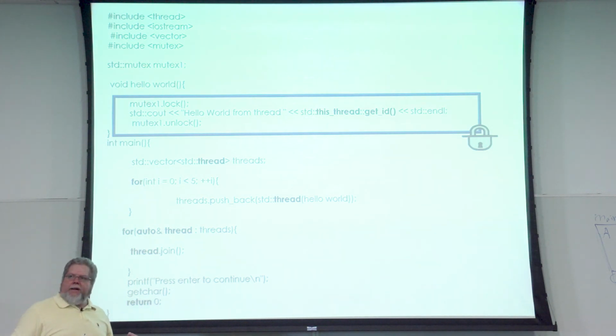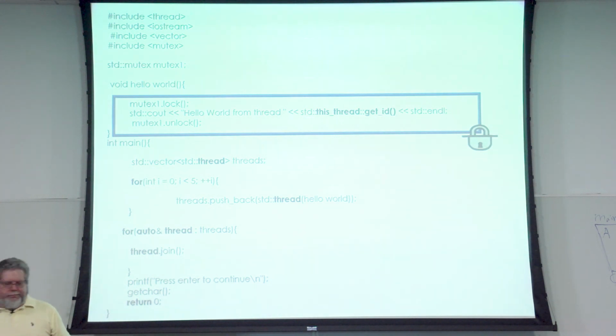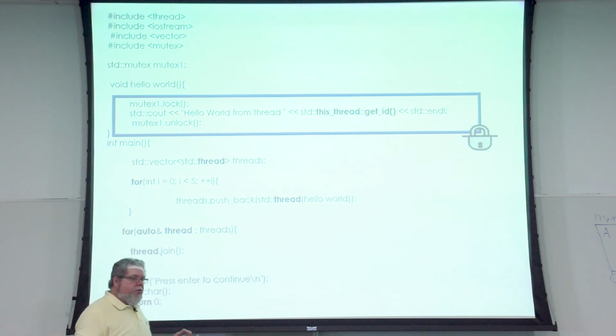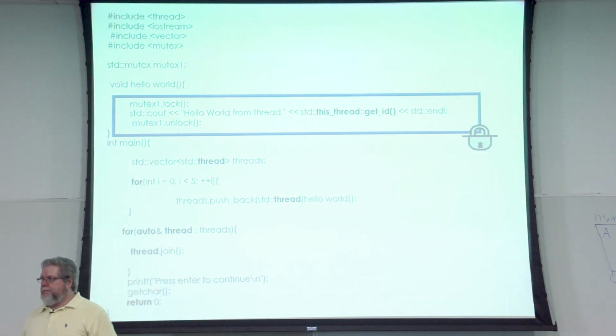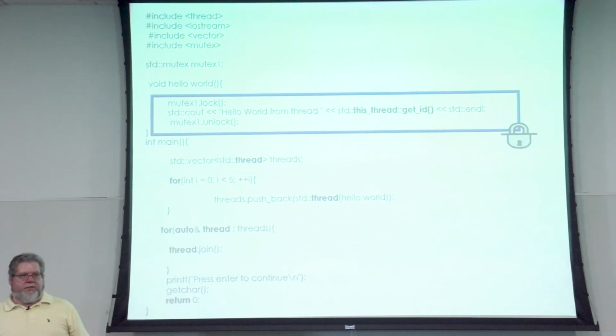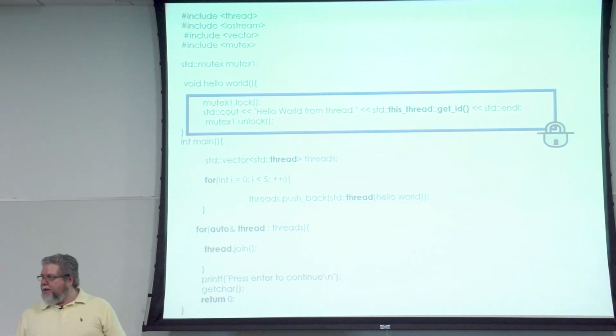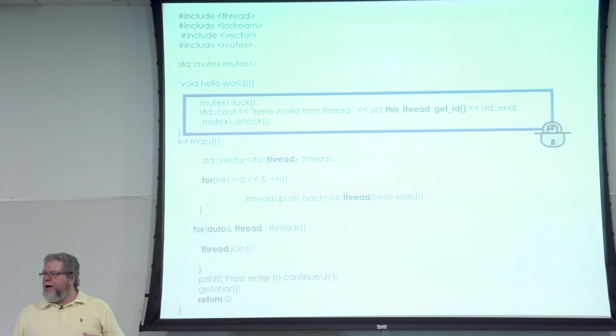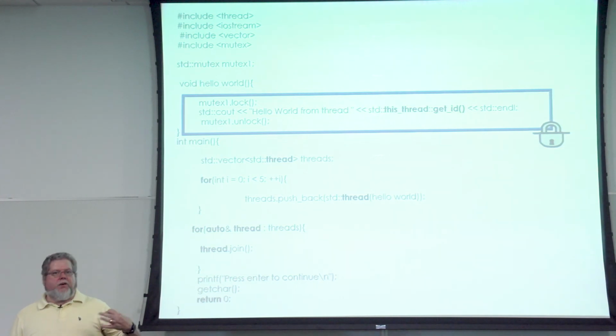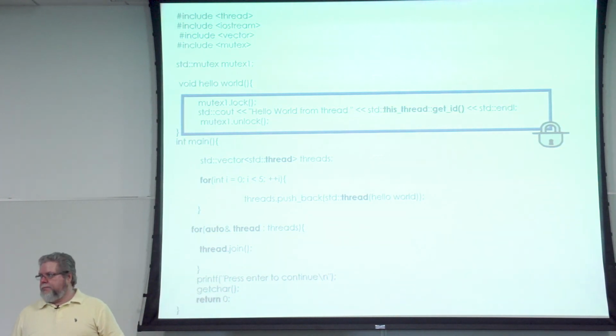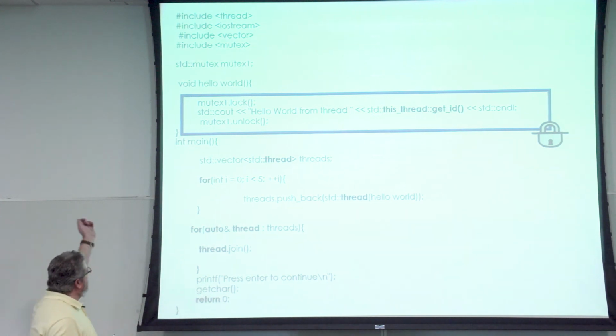In order to do that, I need some sort of data structure to hold the information about them so that I can manage them as a group. This could be done, for example, with an array. But we actually have a type for vector for controlling threads. So the preferred method is to launch your threads and push them into a vector and then use the vector to manage them. And that's what we're doing here in this next line.